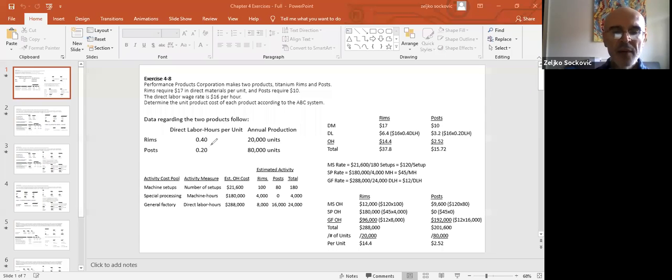And we are given here direct labor hours per unit and annual production: rims 0.4 hours and posts 0.2 hours, and 80,000 units and 220,000 units. Okay. So now, what do we want to do here?